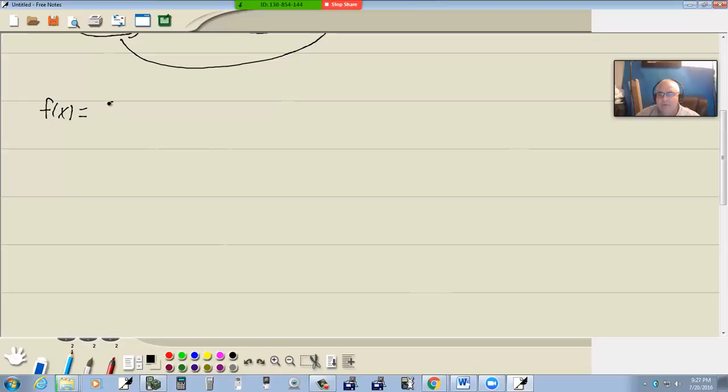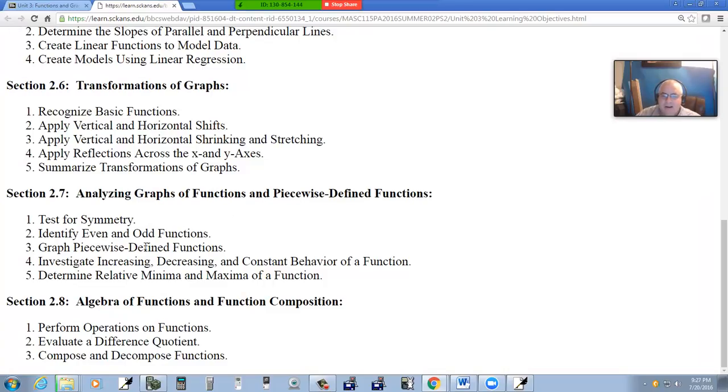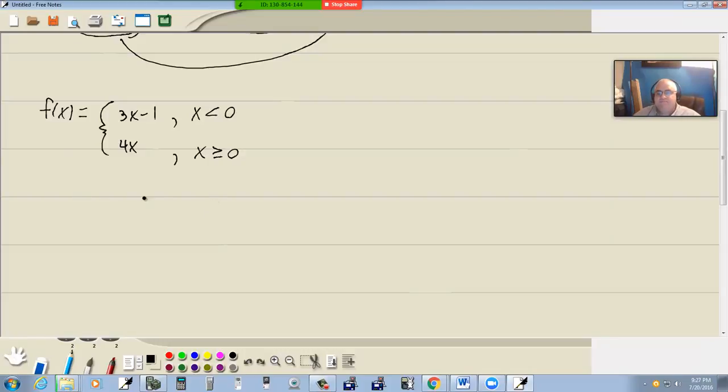Now piecewise, and I won't go into what a piecewise is, but I do in the YouTube video. A piecewise function looks like this. This is when x is, let's say, less than 0, and this is when x is greater than or equal to 0. Now, if our instructions are to graph it, graph piecewise defined functions.